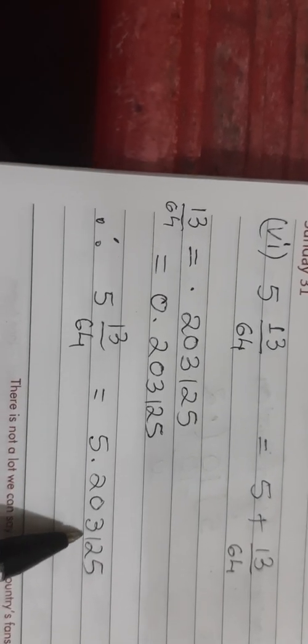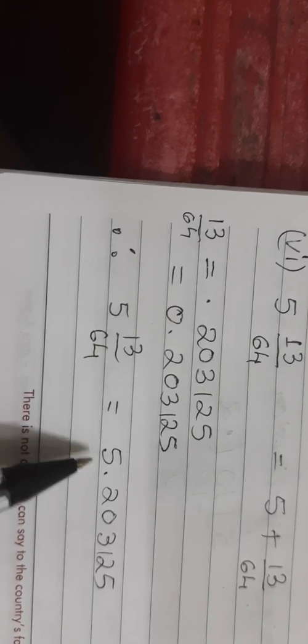For 13 by 64 we got 0.203125, and of course this 5 will not be changed, 5 will be as it is. Right after 5 comes this 0.203125, because 13 by 64 is 0.203125. So 5 13 by 64 will be 5.203125.